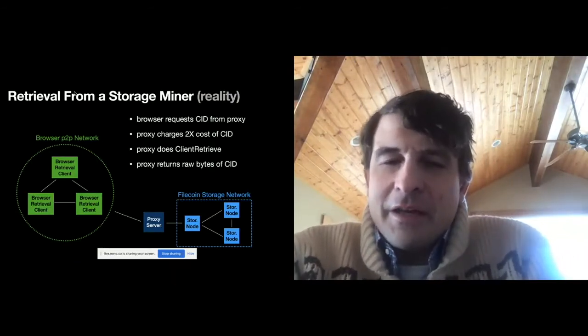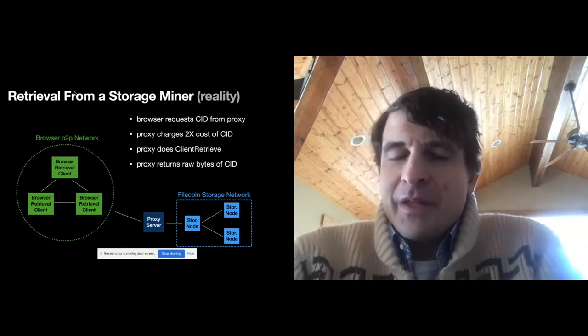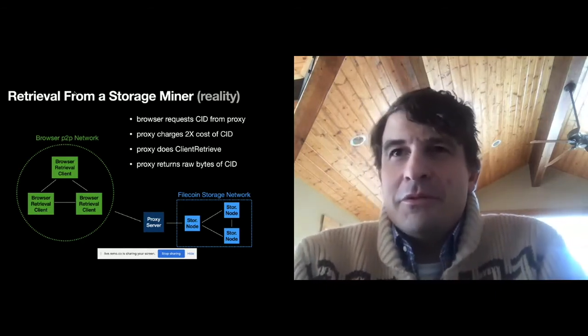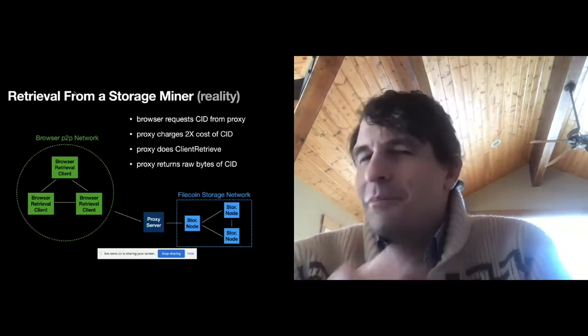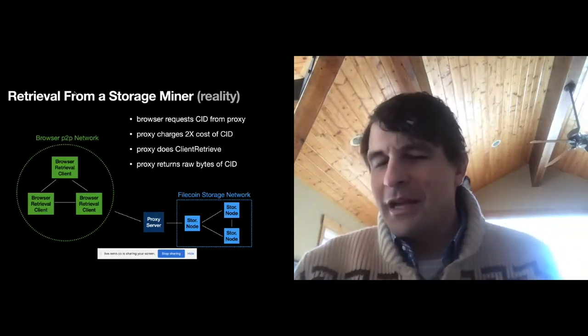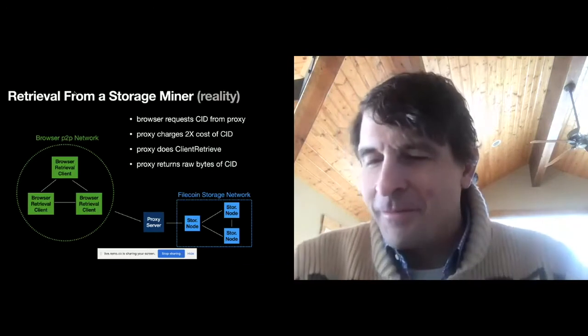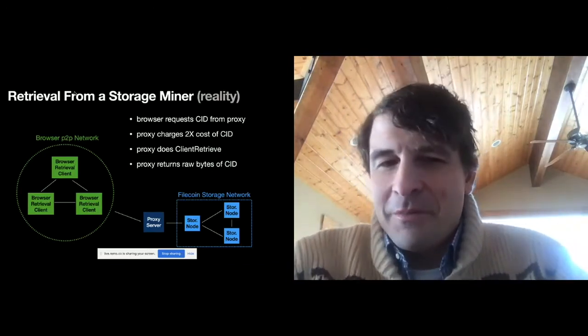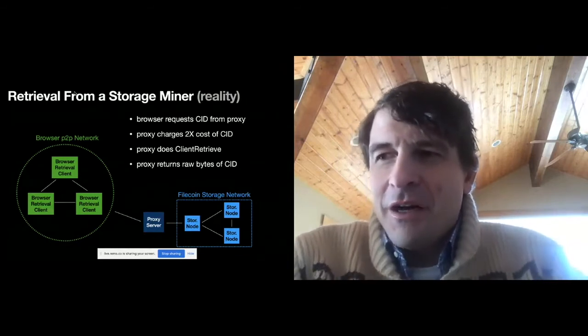The pricing, the economics of this is very tricky. I don't want to create a situation where people can abuse the proxy server to make money or something like that, to get extra income for their storage miner. So what we do is we make browser clients pay upfront.